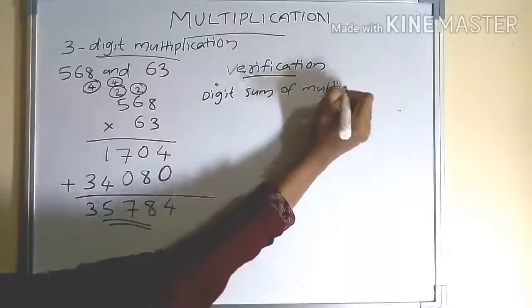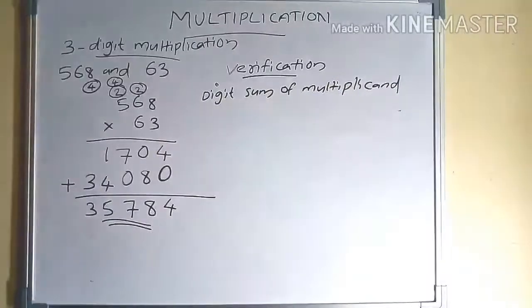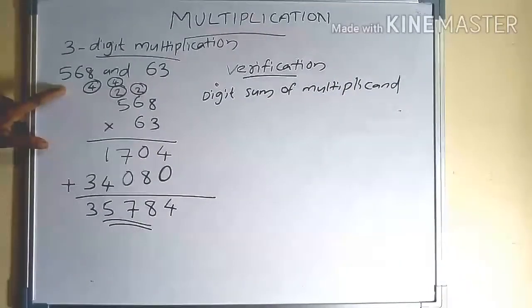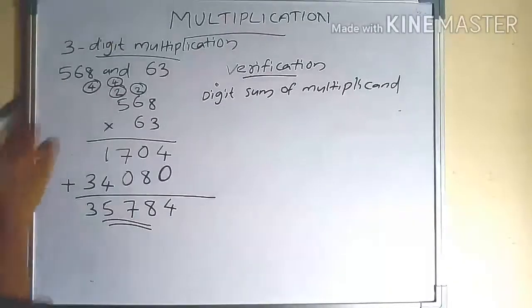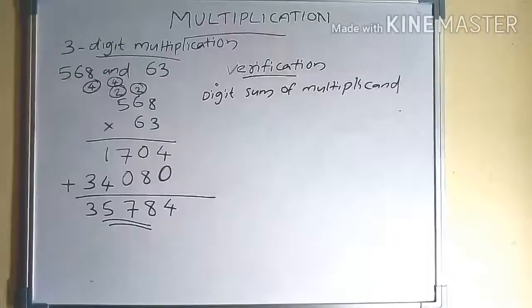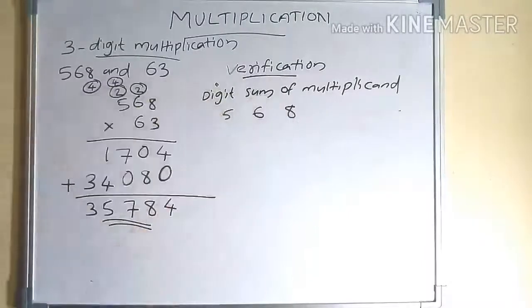In this question, our multiplicand is 568. 568 is a 3-digit number, so separate it into single digits: 5, 6 and 8.